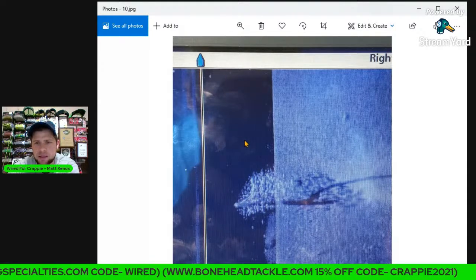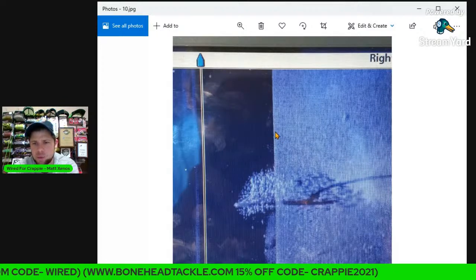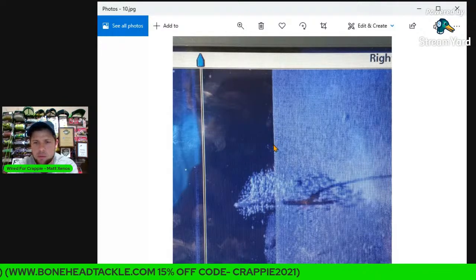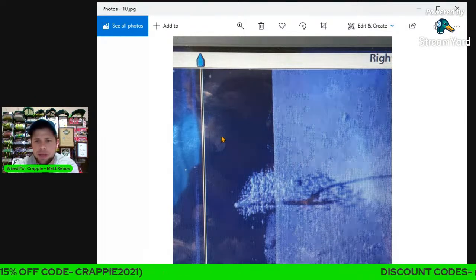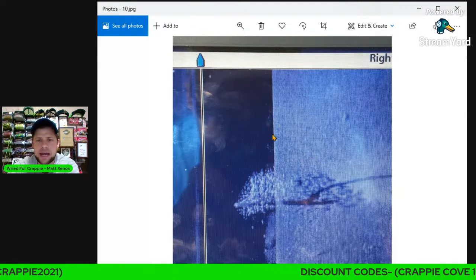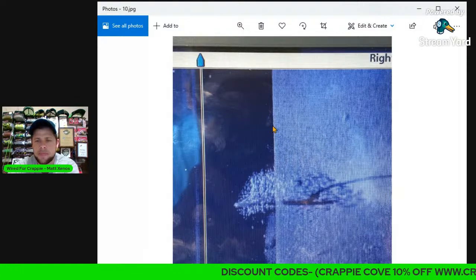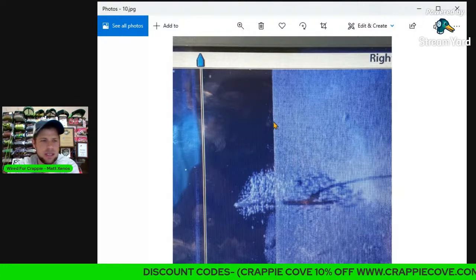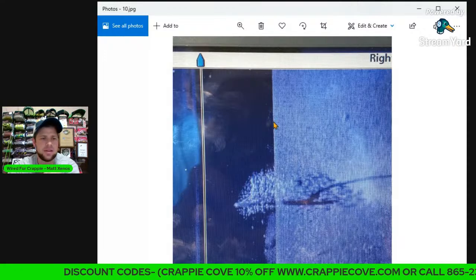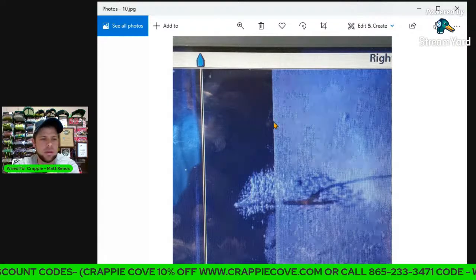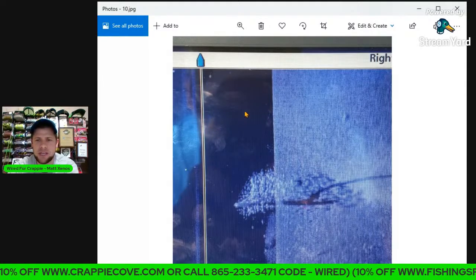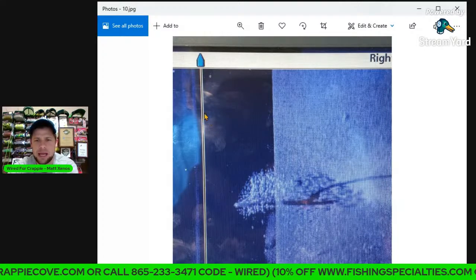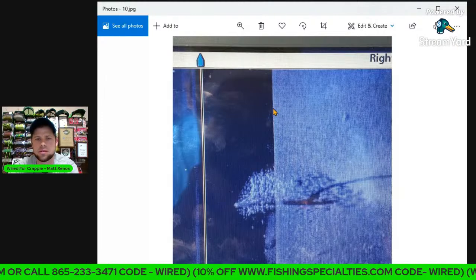This black area from that line to where this land starts or lake bed starts, this black area is the down imaging cone, okay? Where that land starts is not directly under your boat. Okay, that's probably 15 to 20 feet from that line to where that starts.